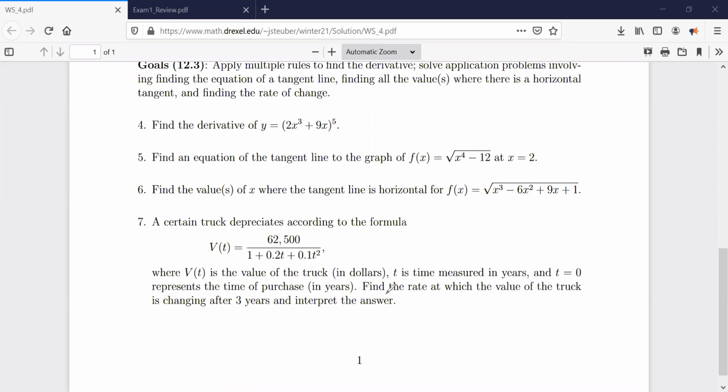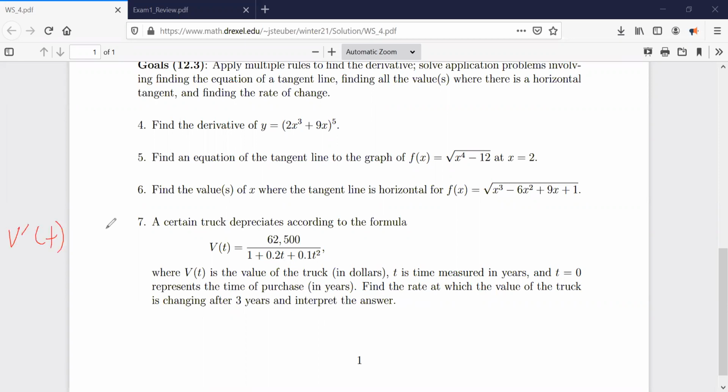Find the rate at which the truck value is changing after 3 years and interpret the answer. So the rate after 3 years, what am I going to do here?